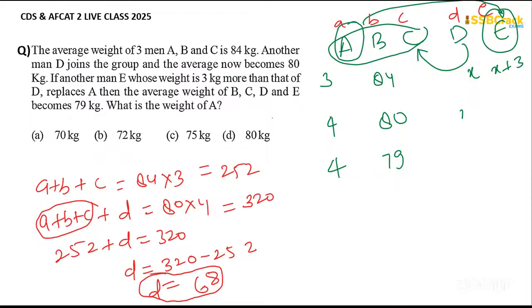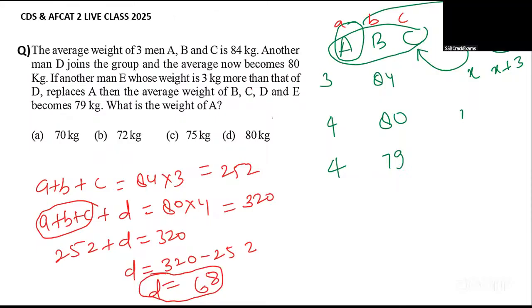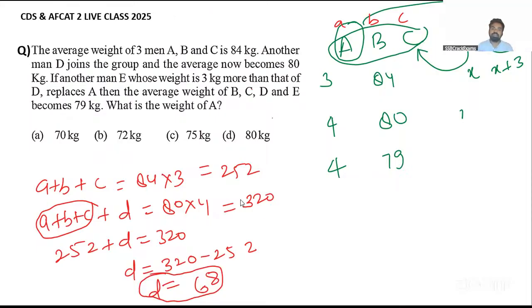So now we know that if the weight of D is 68, then the weight of E will be 68 plus 3, because it is given that he weighs 3 kg more than D. So E's weight is 71.